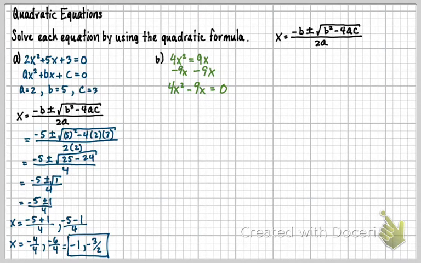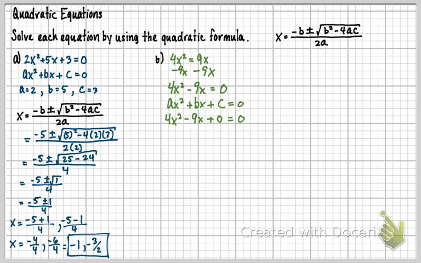Standard form would be ax squared plus bx plus c equals 0. So what we have for this one is the 4x squared. We have the minus 9x, because those are both x terms. But we don't have a c here, so that really means this is a plus 0 equals 0.